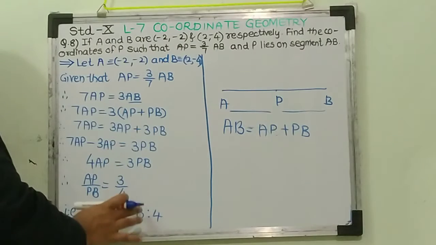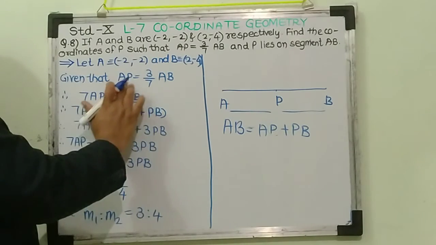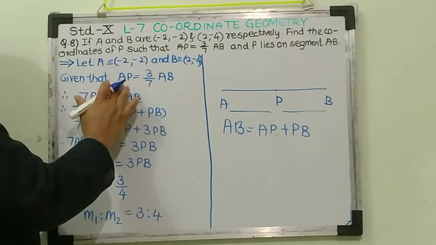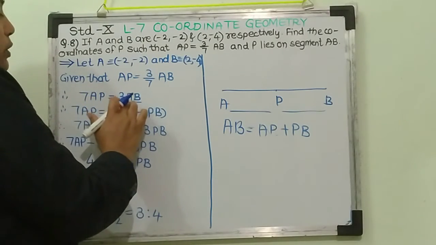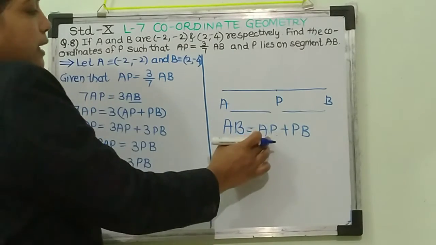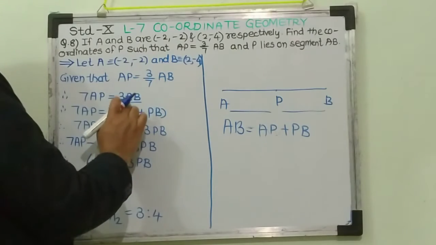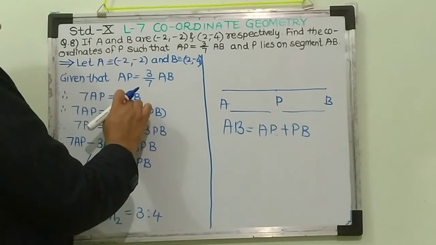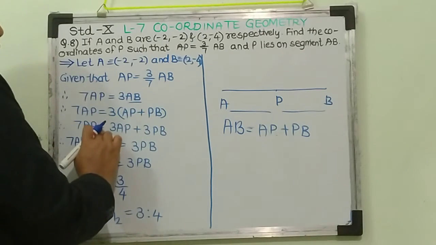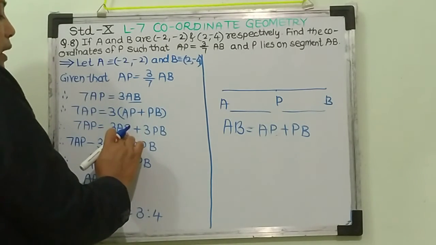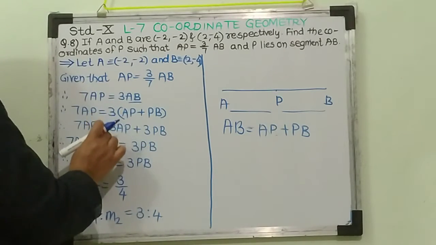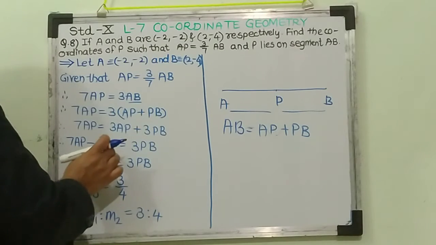First, understand how we get the ratio. AP equals 3/7 AB. 7 goes to this side, it becomes multiplied. So 7AP equals 3AB. Then 3 into AB means AP plus PB, so I will write AP plus PB instead of AB. Then 7AP equals 3AP plus 3PB. Then 3AP comes to this side, it becomes minus. Like terms we are going to equate.